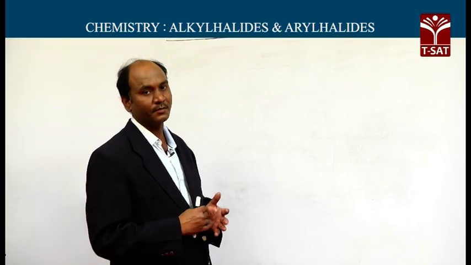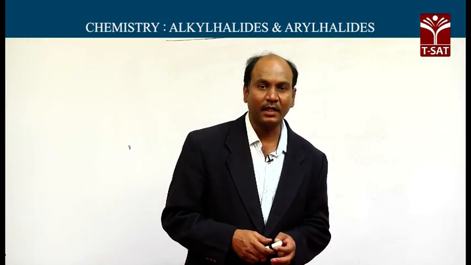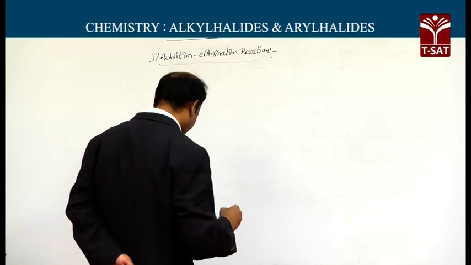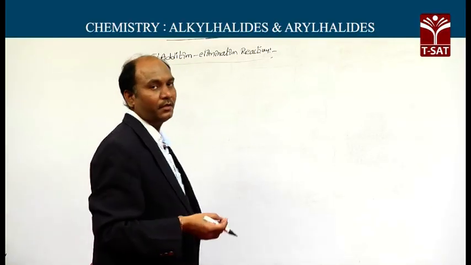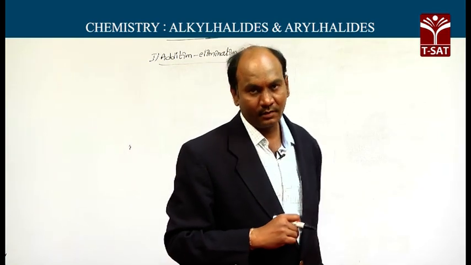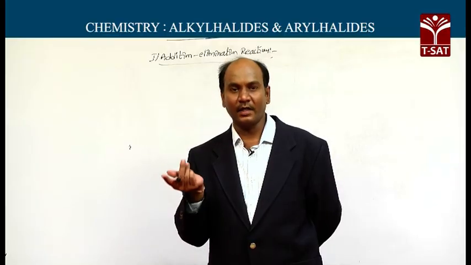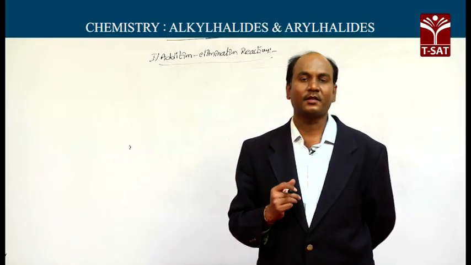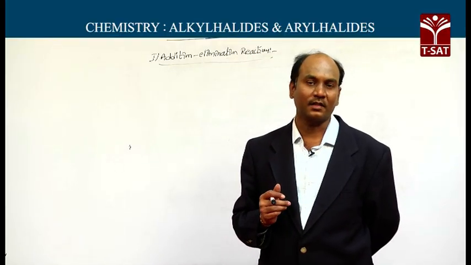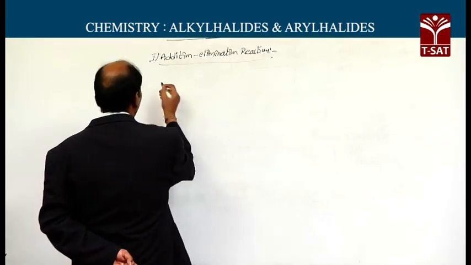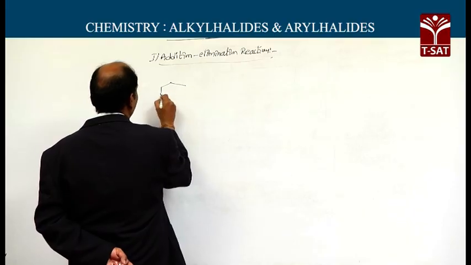In aromatic nucleophilic substitution reaction, the first one is addition elimination reactions. So in addition elimination reactions, what happens? First of all, the nucleophile is added to the benzene ring, that means the haloarene, so addition takes place. After the addition of the nucleophile, the loss of Cl minus or X minus takes place, that is called an addition elimination reaction. Now here we are taking one example.